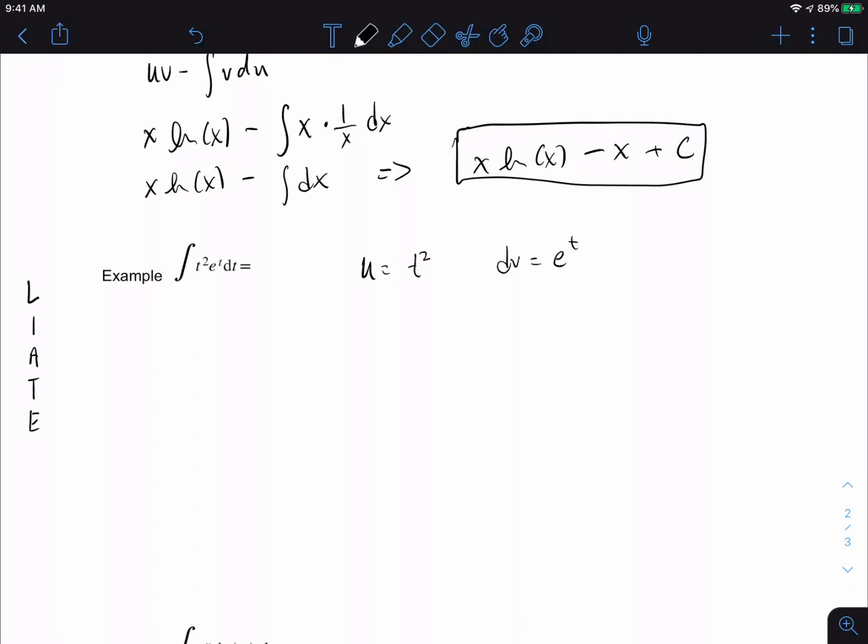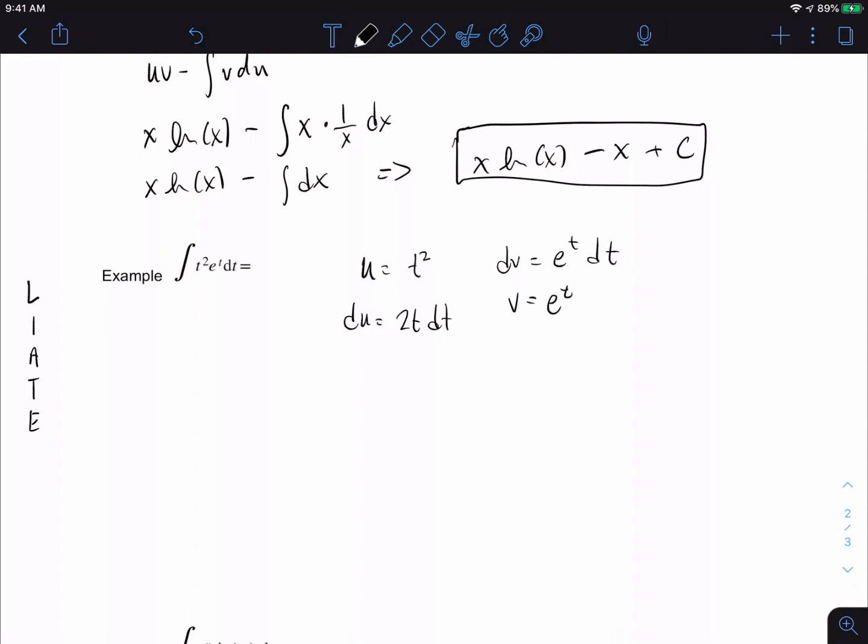And I'll show it the other way so you guys can see it that way if you'd like. It ends up being a little bit more work, which sucks. This way's actually easier. Because when I go du, don't I get 2t dt? But what's the integral of e to the t? It's just e to the t again, right?